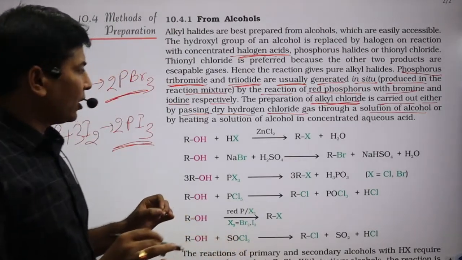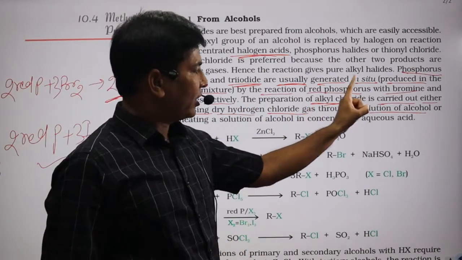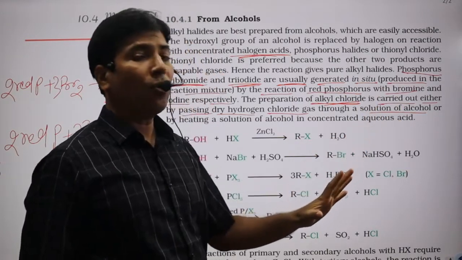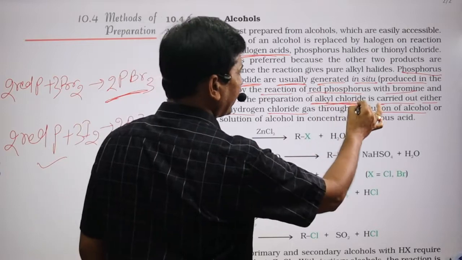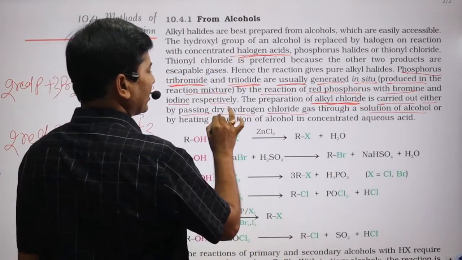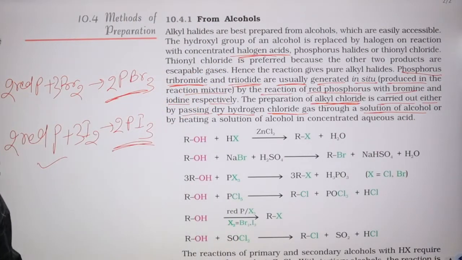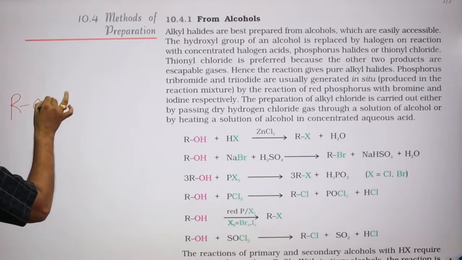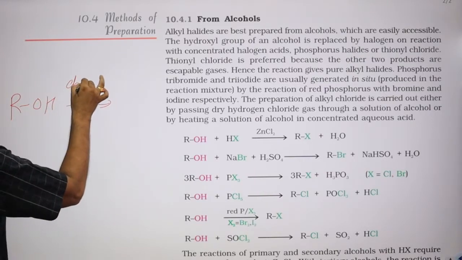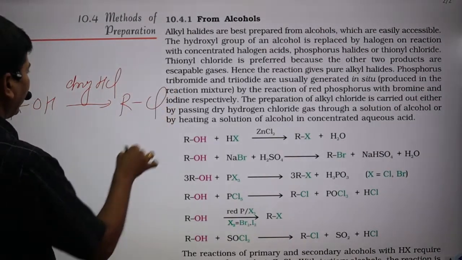If dry hydrogen chloride gas is passed through the solution of alcohol, we can prepare alkyl halide. Let me write this reaction. We have alcohol, and if we take dry HCl, we can produce alkyl halide.